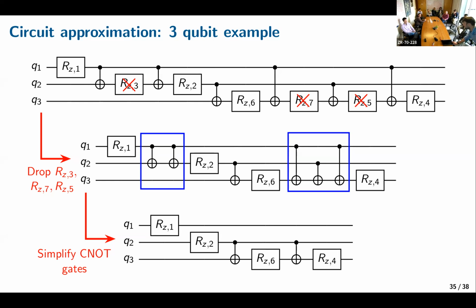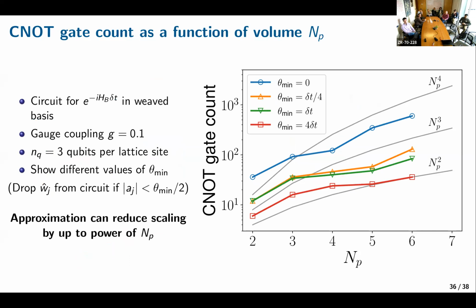Okay, and so here is a plot. What this shows is the number of CNOT gates required to implement the exponential of the magnetic Hamiltonian in the weaved basis. We're using 3 qubits per site. The number of CNOT gates is on the y-axis, as a function of the number of plaquettes on the x-axis. These different colored lines correspond to different values of this theta min.